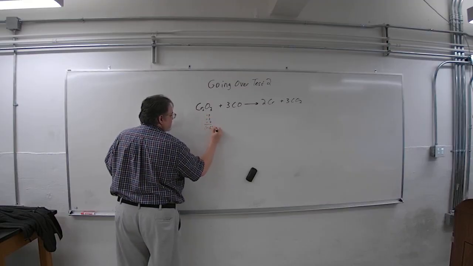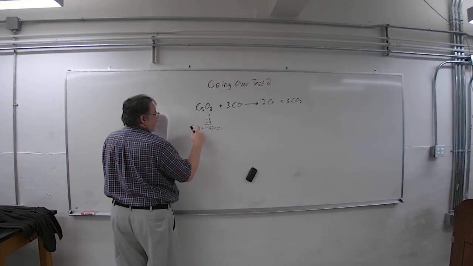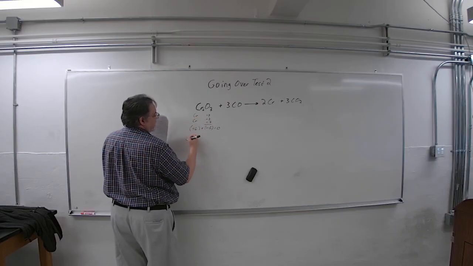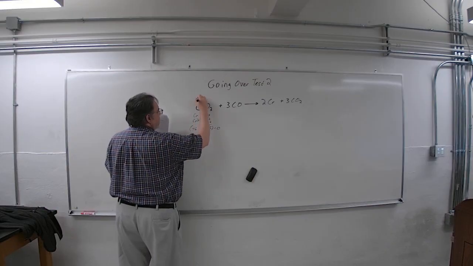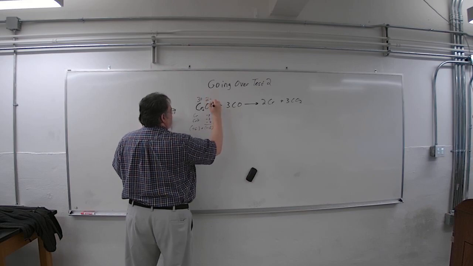That's -6. There's no charge up here, so 0. So this has to be +6. There's 2 Crs, so I have to split that +6 between the Crs. So these are 3+. So Cr is 3+, oxygen is 2-.